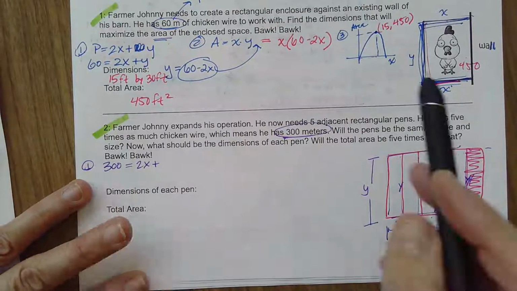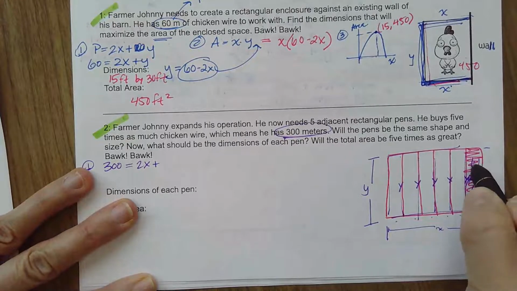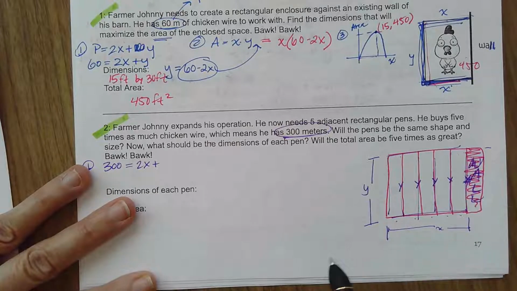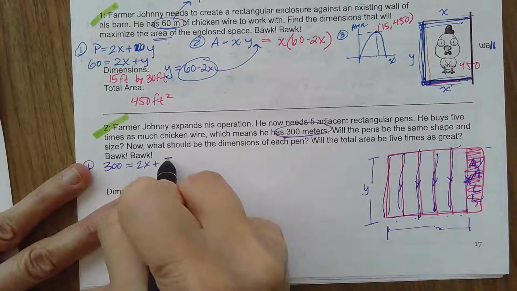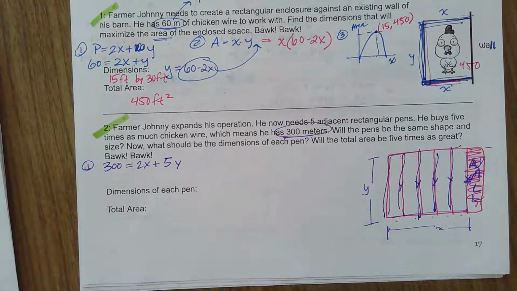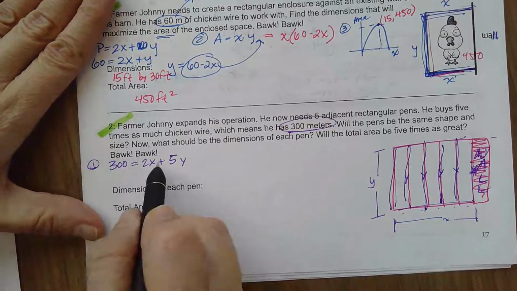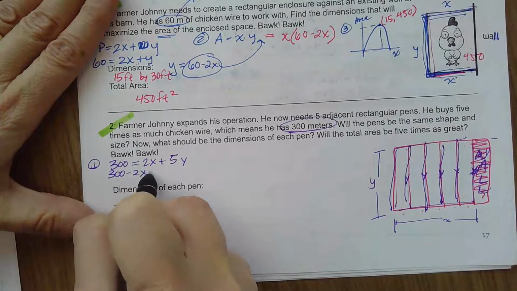So I guess if we assume he's against the wall, then I guess we only need 5, because we wouldn't have to count this one, right? So it only has to be here, here, here, here, and here. So we'll call that 5y. And that's because of that wall there. All right. So again, remember I said take your equation, solve it, for y.